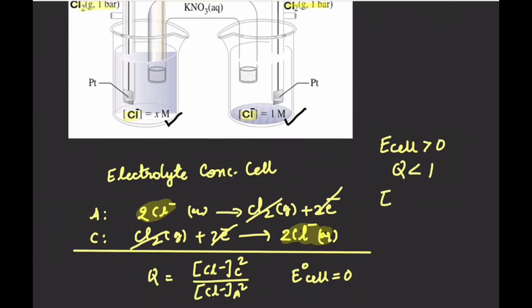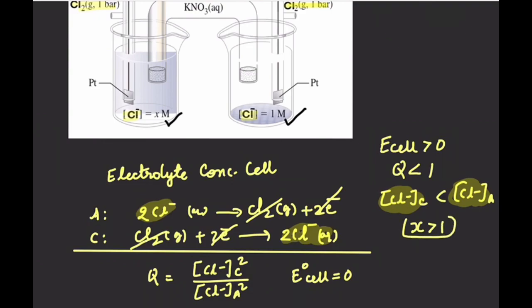It means that the concentration of Cl minus in cathodic compartment should be less than the concentration of Cl minus in anodic compartment. So here we are saying that the initial concentration of Cl minus in anodic compartment is more than the concentration of Cl minus in cathodic compartment. So from this we can say that X is greater than 1.